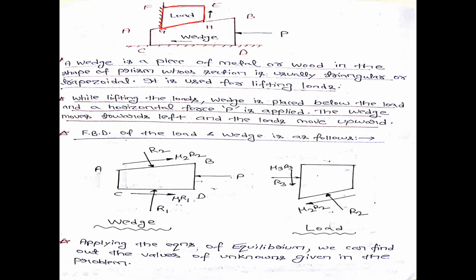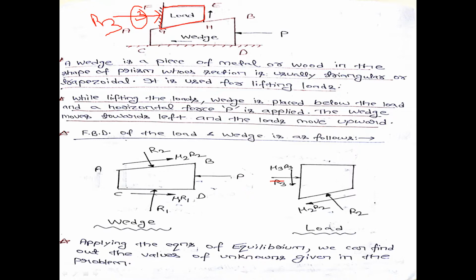Now let us assume that since this load is in contact with this vertical surface, which is nothing but my surface number 3, this third surface will give a reaction in this direction, and that reaction will be R3.